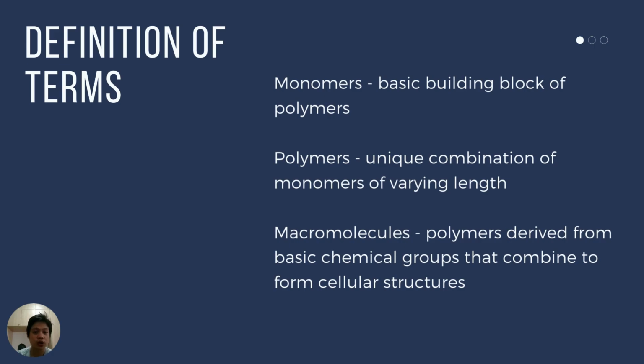We also use the term macromolecules to refer to polymers that are derived from basic chemical groups that combine to form cellular structures. So, in biochemistry, we have 4 major macromolecules na siya din ginagamit natin to approach biochemistry. So, what are these 4 major macromolecules?